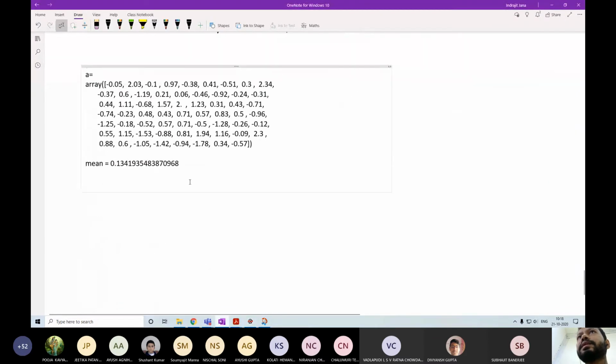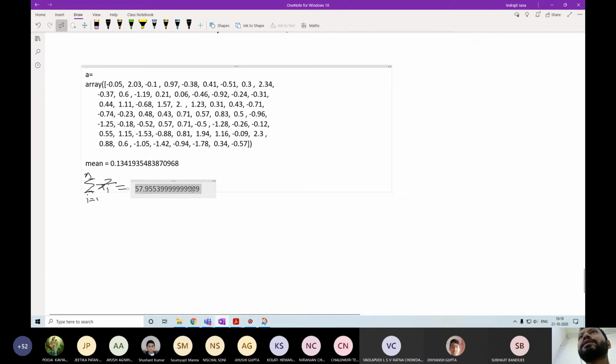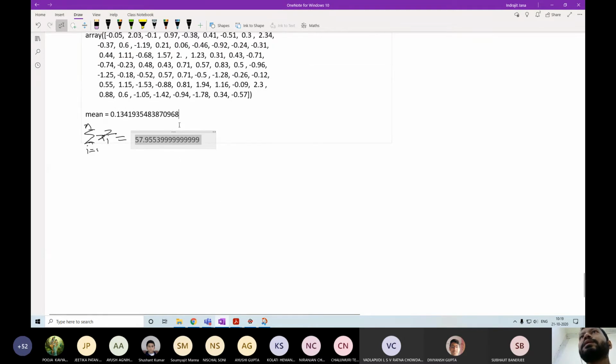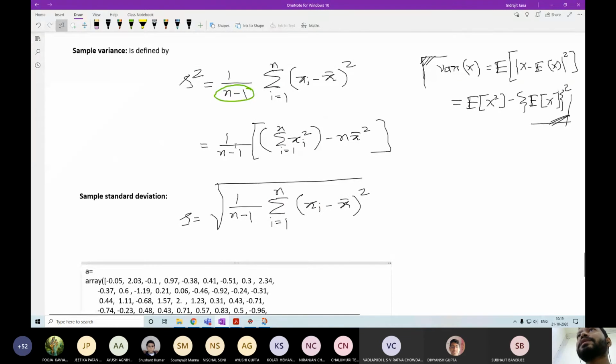So essentially here we have the summation of xi square, i equal to 1 to n. Now we subtract n x bar square and multiply by 1 over n minus 1.